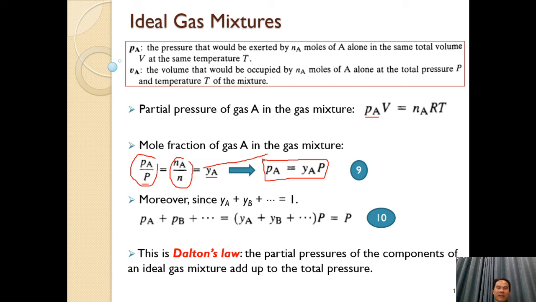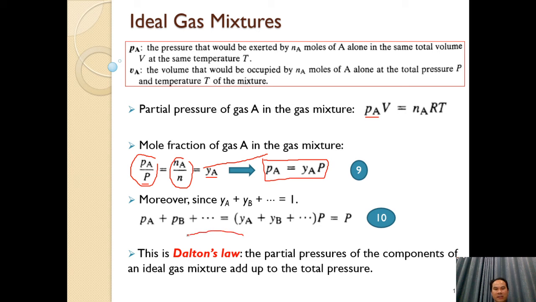Moreover, for the gas mixture, the total of the mole fractions is 1. If we have Ya plus Yb plus and so on equal to 1, then Pa plus Pb plus so on is also equal to Ya plus Yb plus so on, all multiplied by P, and you get the total pressure. Total pressure is the summation of partial pressures, which is equal to the summation of the fraction of each component multiplied by total pressure.